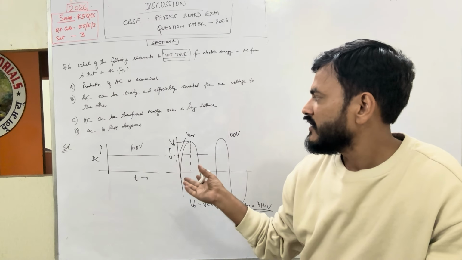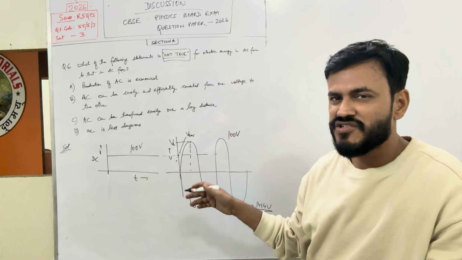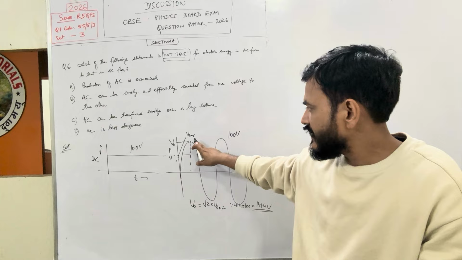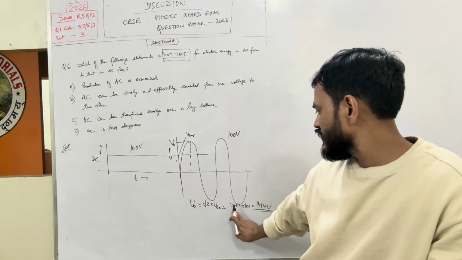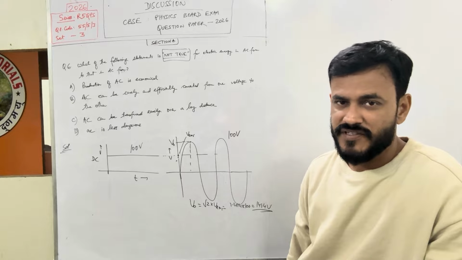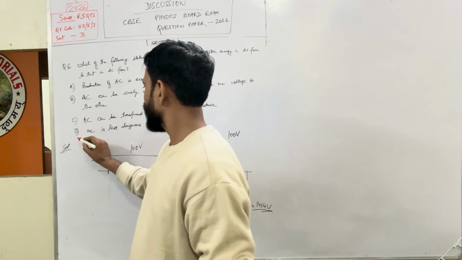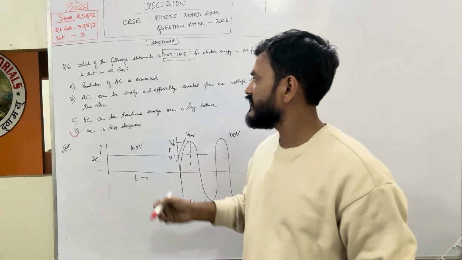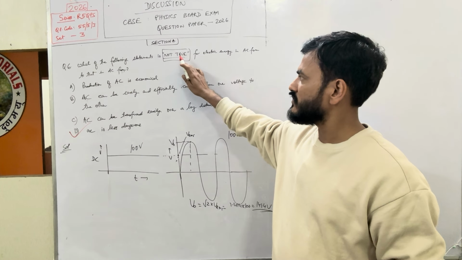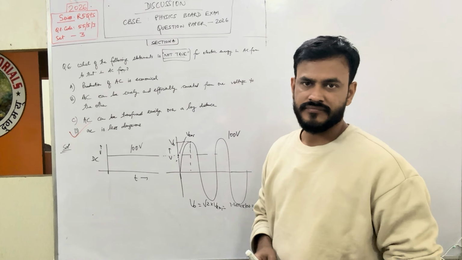If someone unfortunately gets attached to AC, it can shock with a maximum value of V naught, which is root 2 times, or 40% more than the RMS value. So ACs are more dangerous than DCs. So the correct answer is this. This statement is false, and you need to choose the incorrect statement. The correct answer will be D.